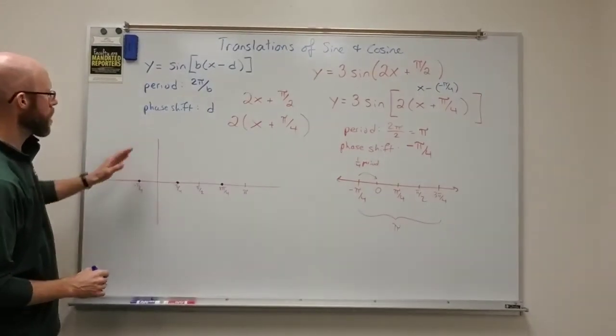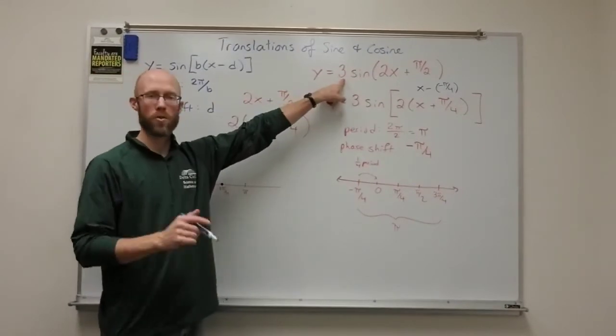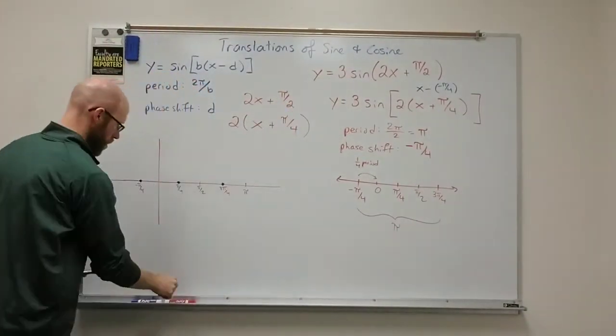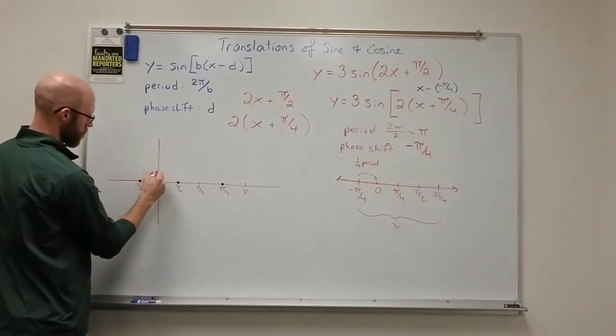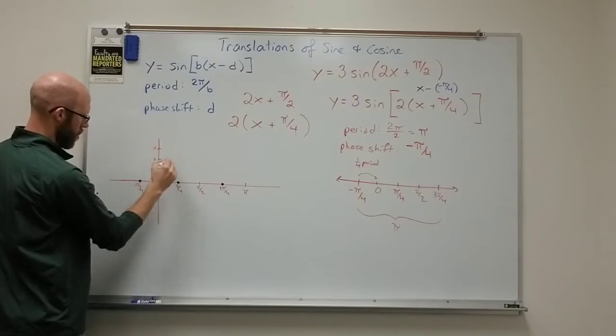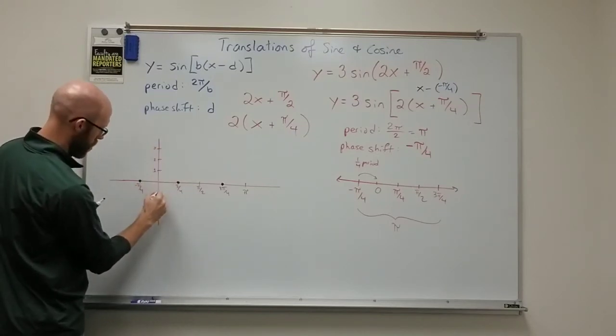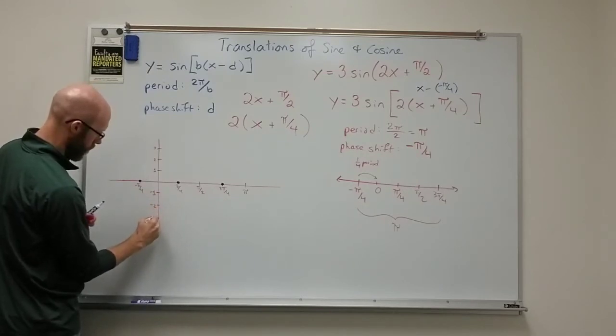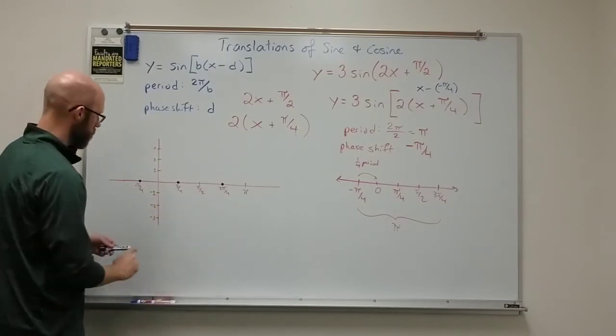This graph goes up to an amplitude of 3, a max value of 3, and then down to negative 3. So let's go 1, 2, 3, and then negative 1, negative 2, and negative 3. And that should get us our next point.